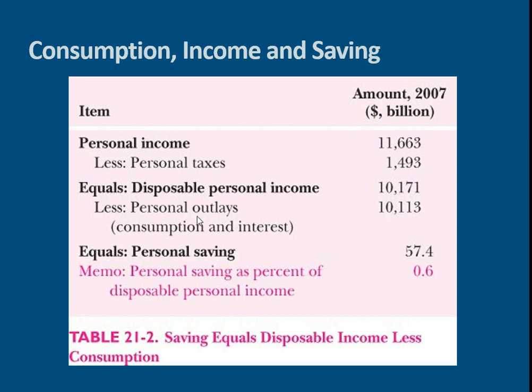And personal outlays mean the income which he or she spends on necessities or on paying fees or rent, etc. So when we subtract his total consumption from his total income, the remainder gives us his personal saving, and this percentage shows how much he or she has saved from his total disposable income.